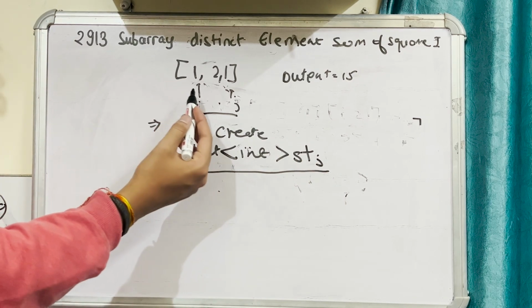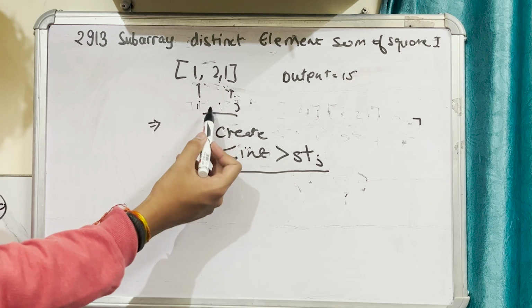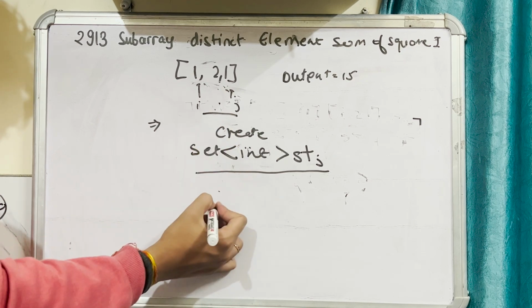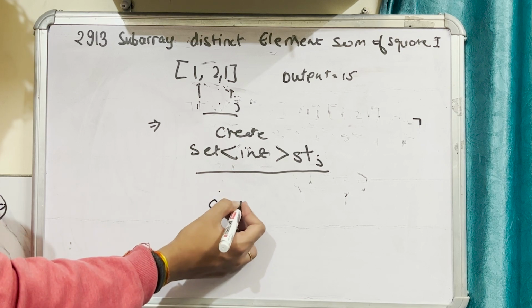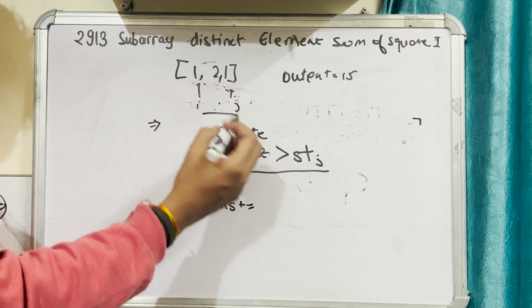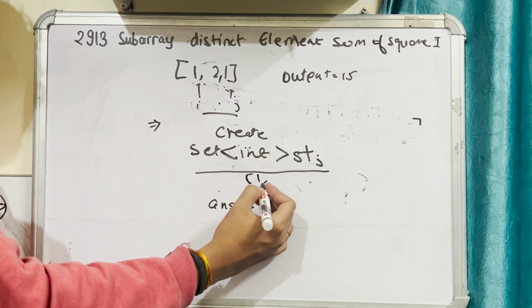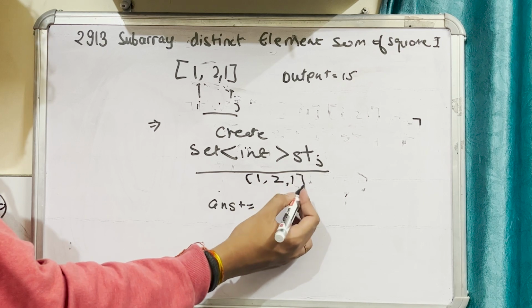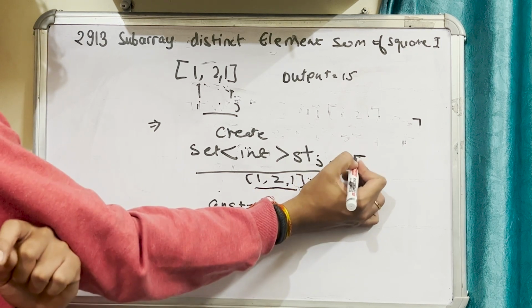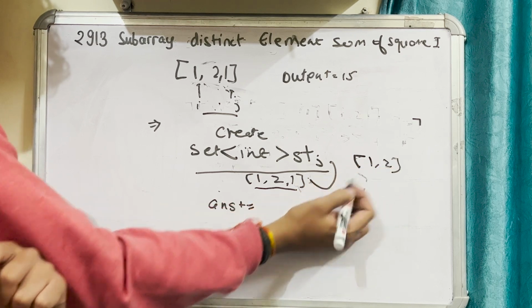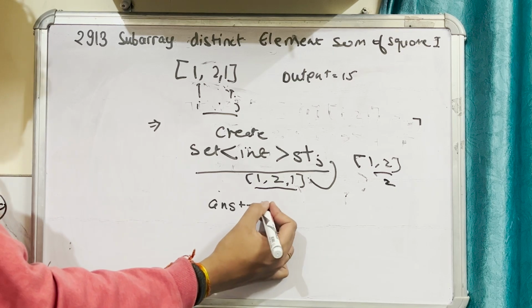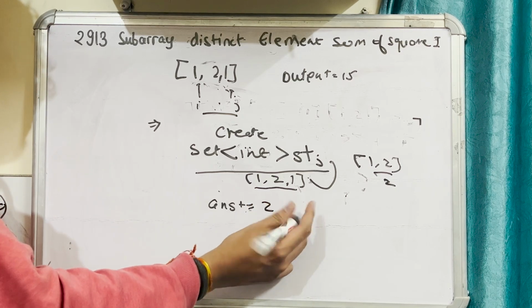Then simply insert the elements of that subarray, and in the answer you will add the size of that set. For example, if you took this subarray and inserted all these values in your set, the set will be 1 2, so the size will be 2. So to the answer, you will add size squared.